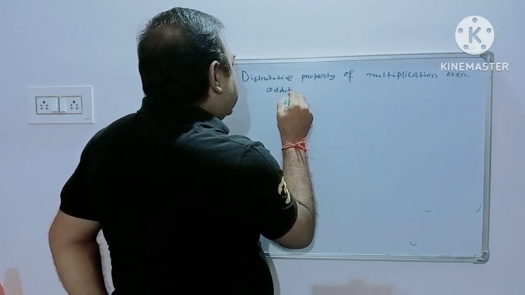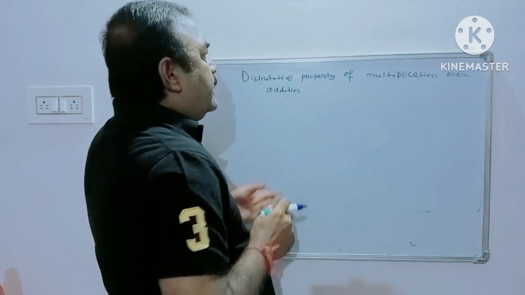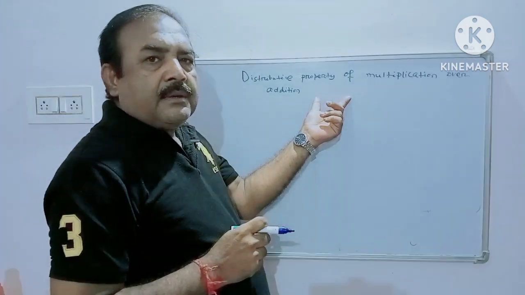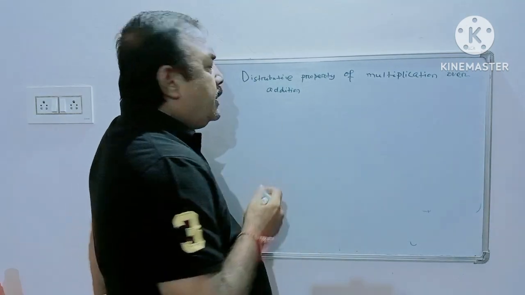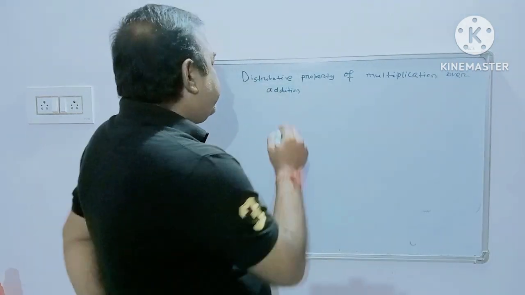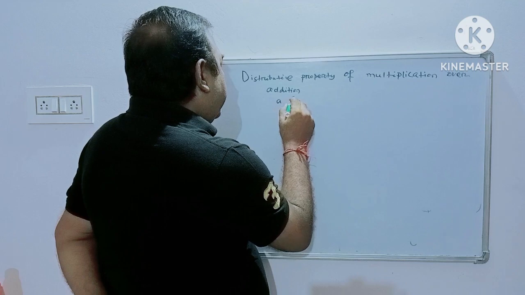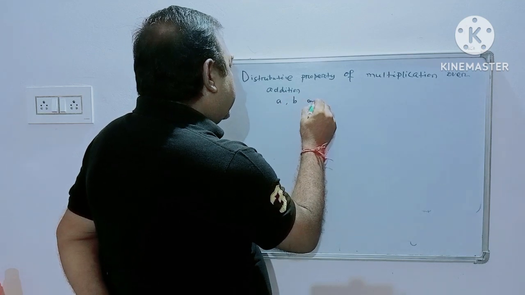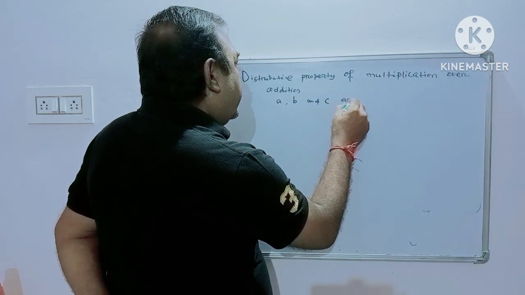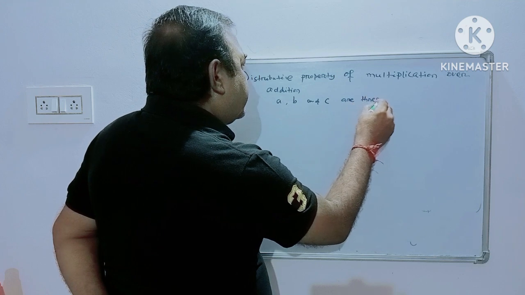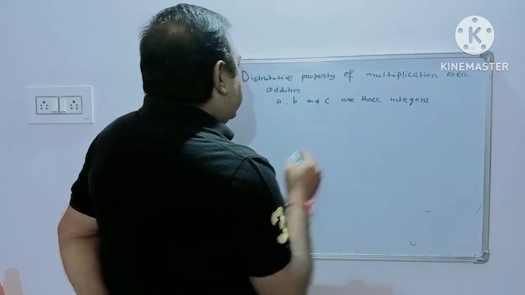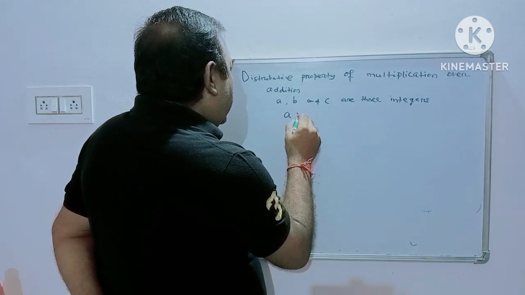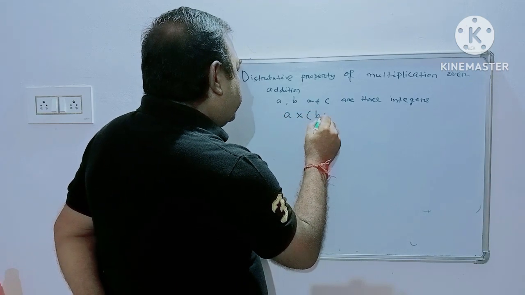First we will take this. This holds good for the integers. Okay. So you see, let us take three integers a, b and c. So a into b plus c.